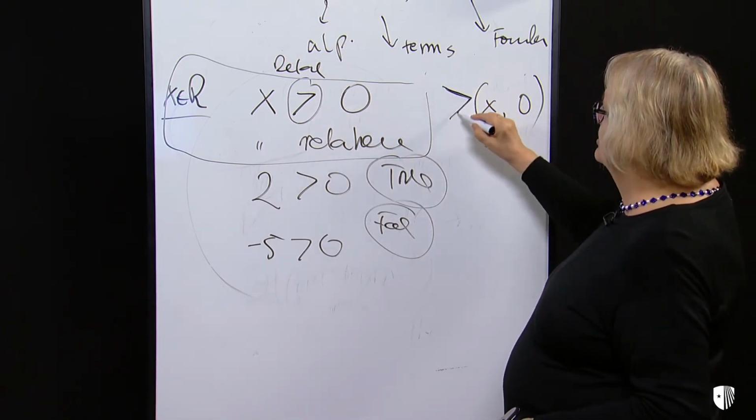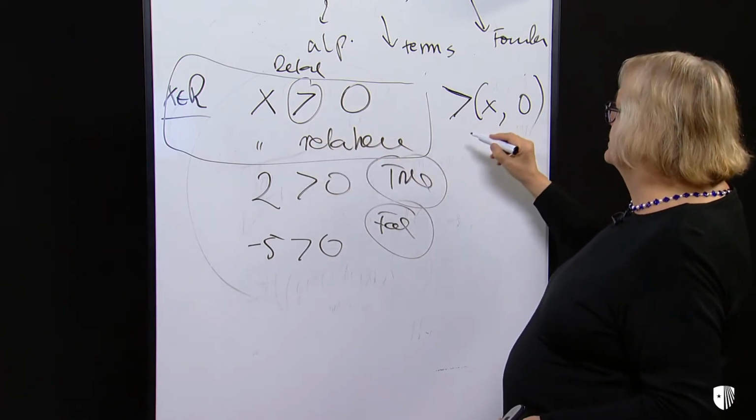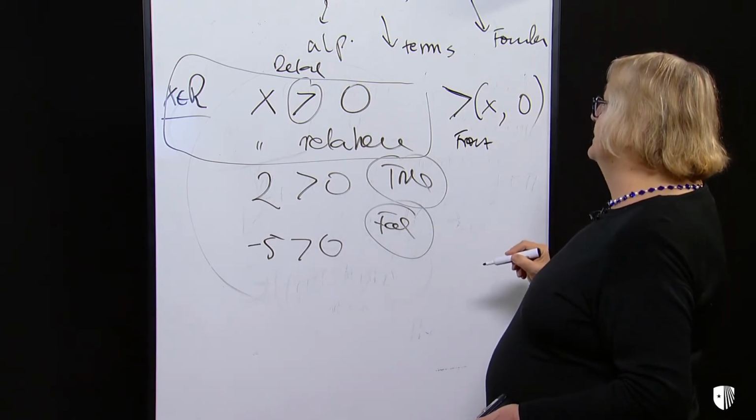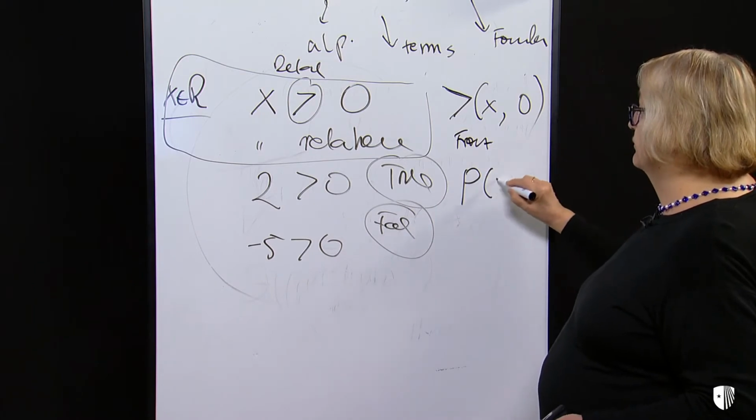We often write the relation symbol in the middle, but in logic we put it in front.